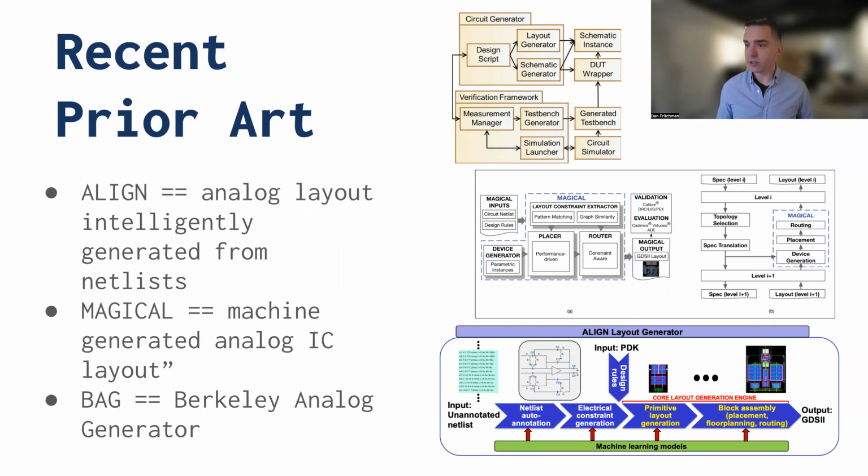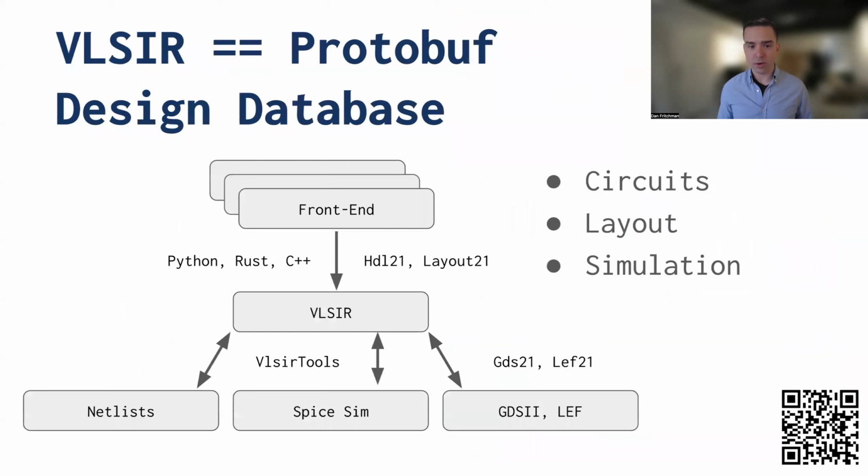We have some theories as to why, and they do require some ground up rethinks of some important subcomponents in the VLSIR project. And the first is the design data itself. So VLSIR is centrally built upon a design database defined in Google's protocol buffers format. That is an efficient binary data format that is strongly typed through a dedicated schema description language.